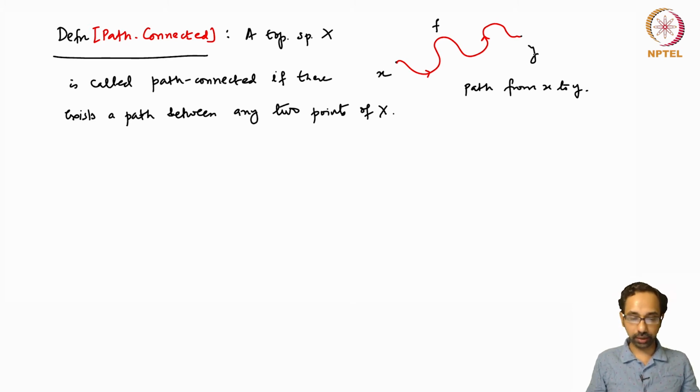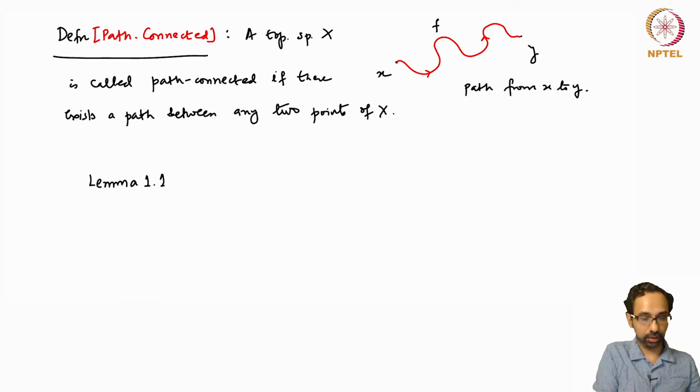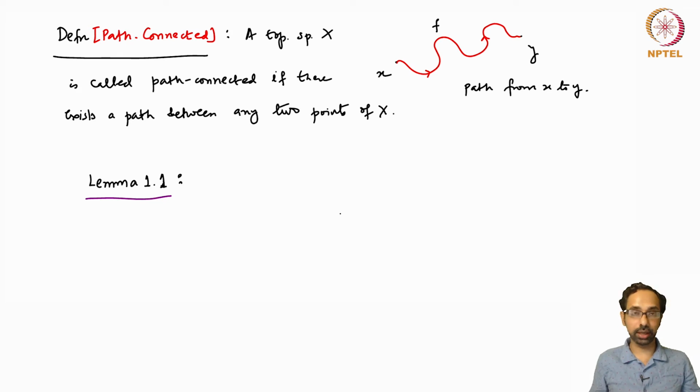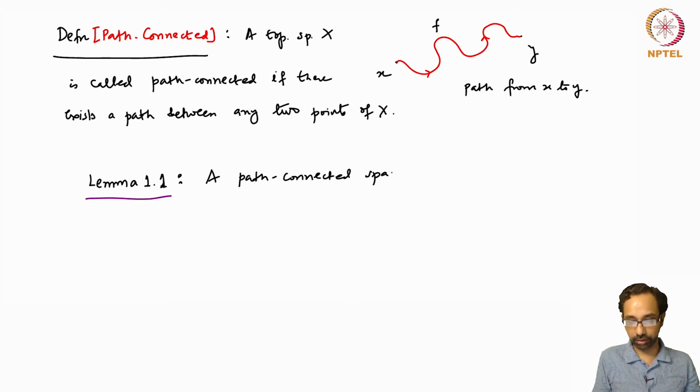Now immediately from the definition we have the following lemma. Because our closed interval AB is connected, we can easily state this lemma, which says that a path connected space is connected.